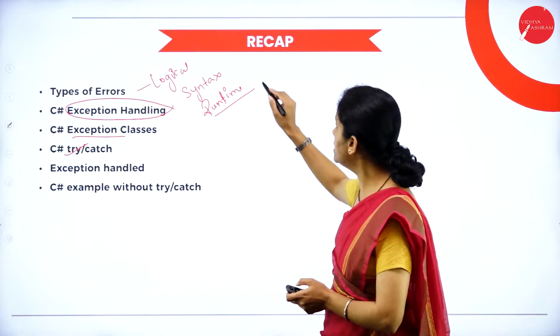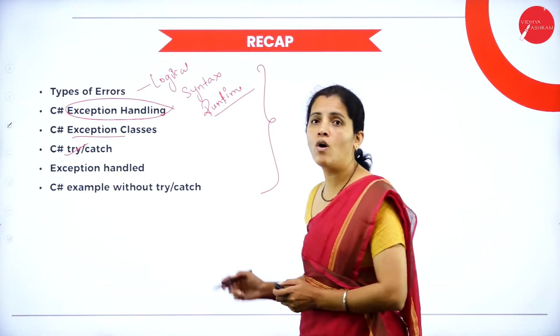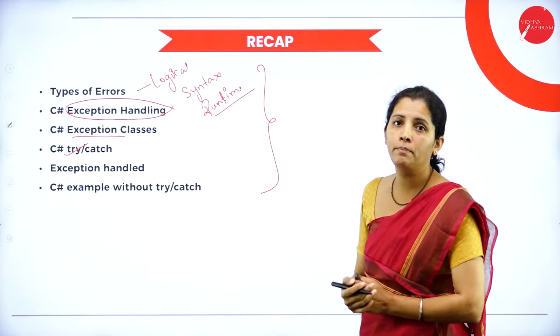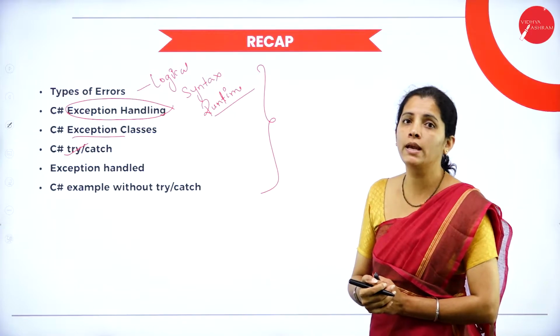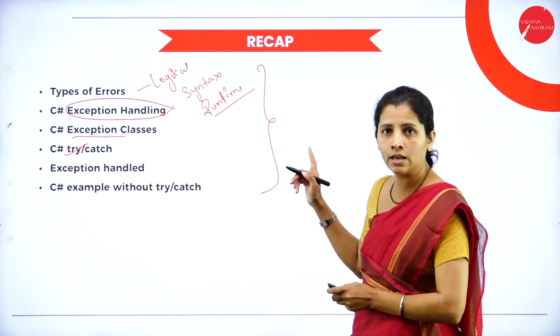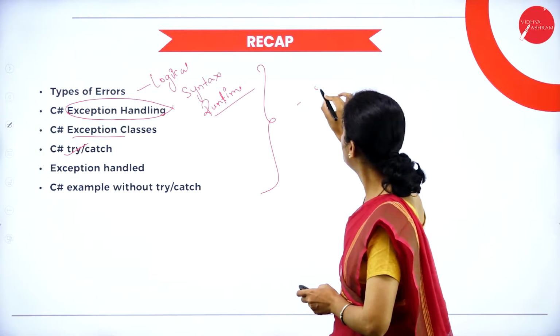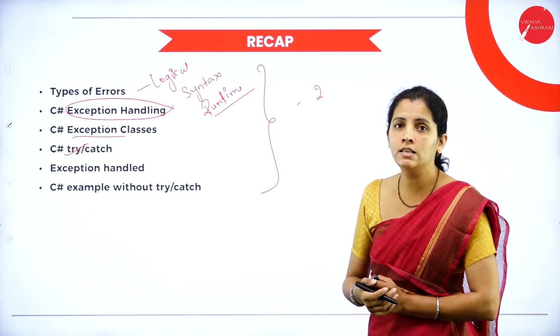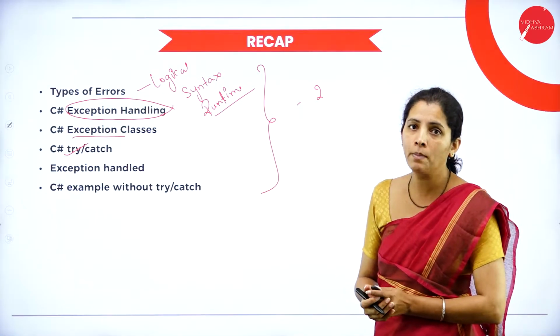So dear student, from the examination point of view, this concept is very important and you can expect one sure question under this topic, that is one 2-mark question and one long question for 7 or 8 marks.